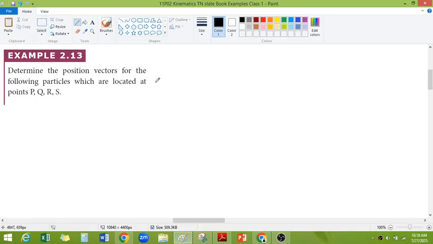In other words, in coordinate geometry, a point at 2, 1 we will just simply write as 2, 1. In vectors, we show this as a vector, which we call the position vector.